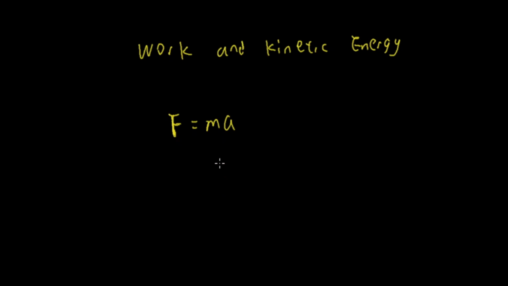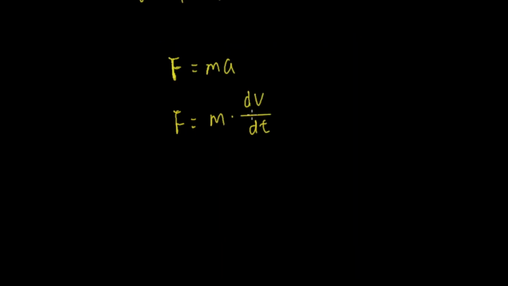Okay, what do we do next? Of course, we can rewrite acceleration as change in velocity over change in time. So that is mass times dv over dt. And we're doing similar things to what we did before. We can break this further down according to the chain rule into dv over ds times ds over dt, right? This time I will use the letter s.